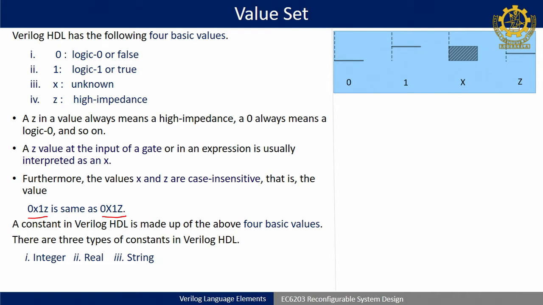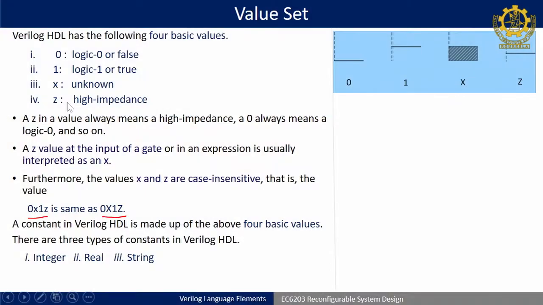This is a good thing, while taking care of identifiers you have to keep in mind that it should be the same case whatever you are writing throughout the code. If x z are there, then it is immaterial whether it is small or caps. Understood? Okay. So, these are the different value sets. Whatever coding you do, whatever results you get at its output or give to its corresponding input are always in terms of 0, 1, x or z, maximum 4 value logic you can say.